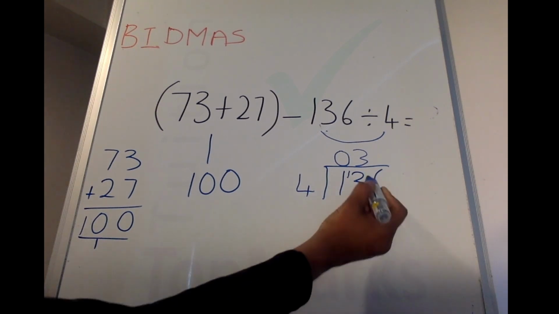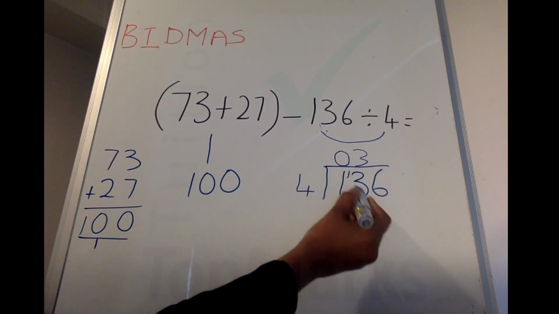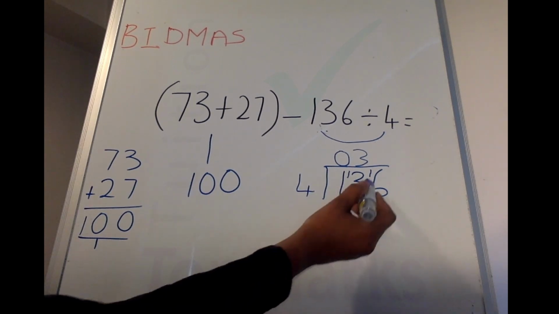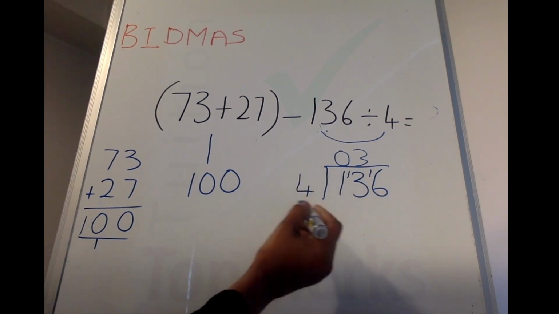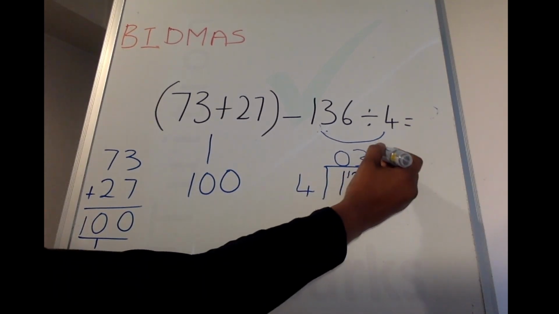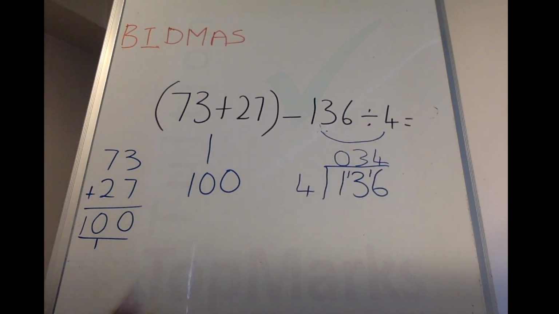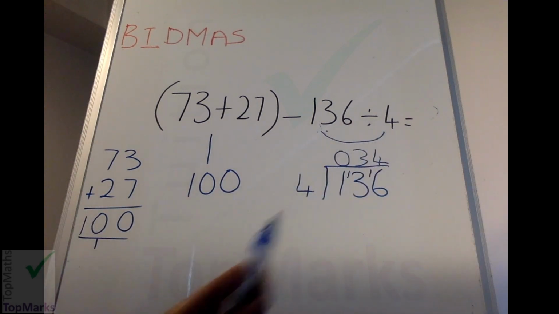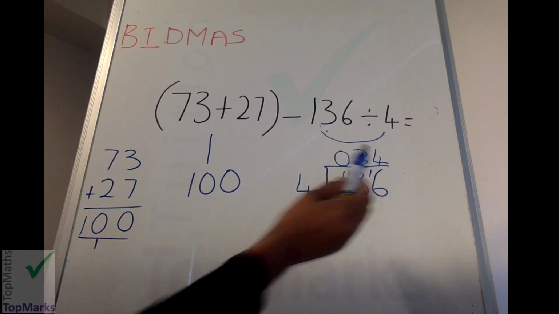I notice that I have a remainder of 1 left over from the 13, so I'm going to pop that 1 to sit next to the digit 6. I now have 16. How many 4s are there in 16? 16 appears exactly in the 4 times table. There are 4 4s in 16, so I'm going to write the digit 4 there. So my answer to 136 divided by 4 is 34.